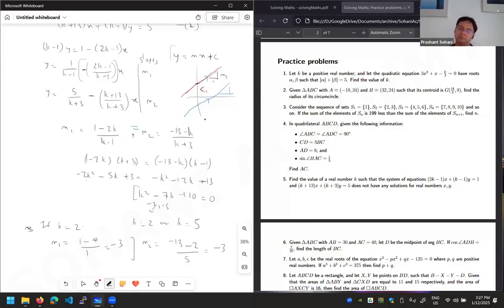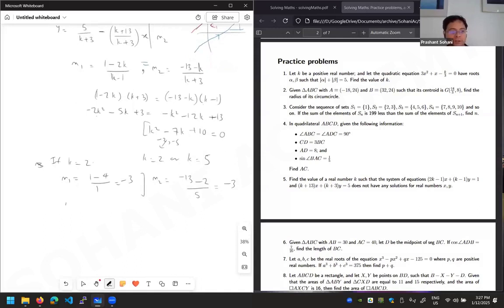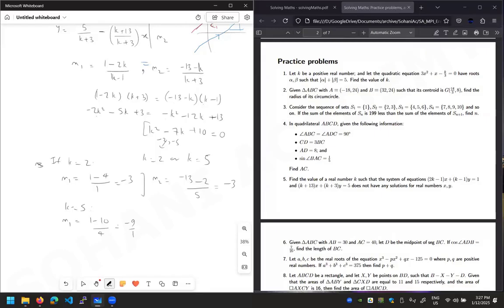The slopes are equal. So if k is equal to 2 also the slopes are equal, and if I try k is equal to 5, then also you'll see that the slopes are equal. So if k is equal to 5, then the slope of the first line is 1 minus 10 by 4, which is minus 9 by 4.